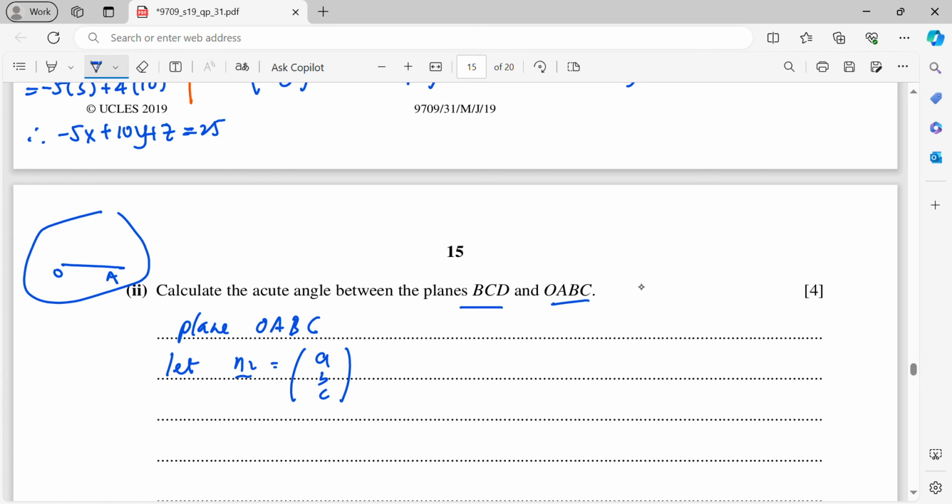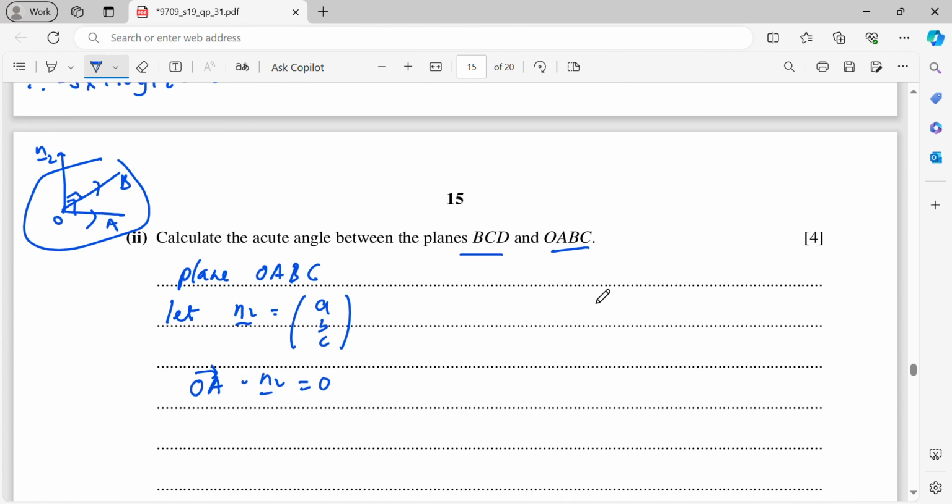and then you will have OB. Because your plane contains O, A, B, C, both vectors will be perpendicular to n2. So now I will write OA dot n2 equals 0, because our purpose is to get n2.